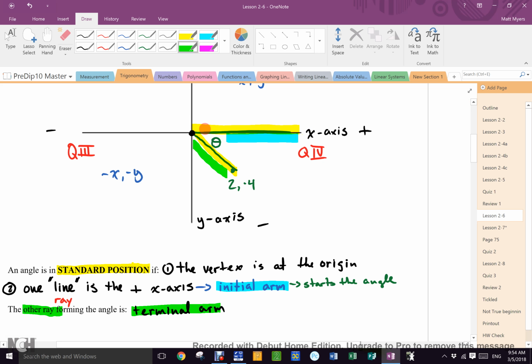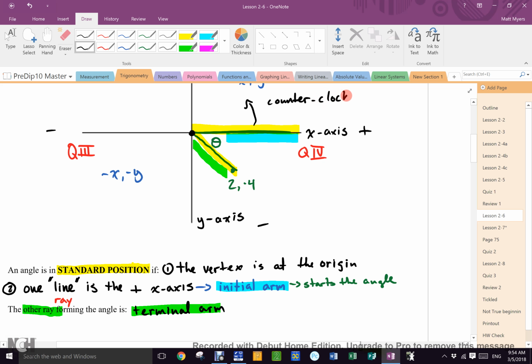Now, if I start right here on the x-axis, my initial arm, because I'm in standard position, there are two directions I can go to get to here, isn't there? Right? I could go counterclockwise. I could go up, which is counterclockwise.